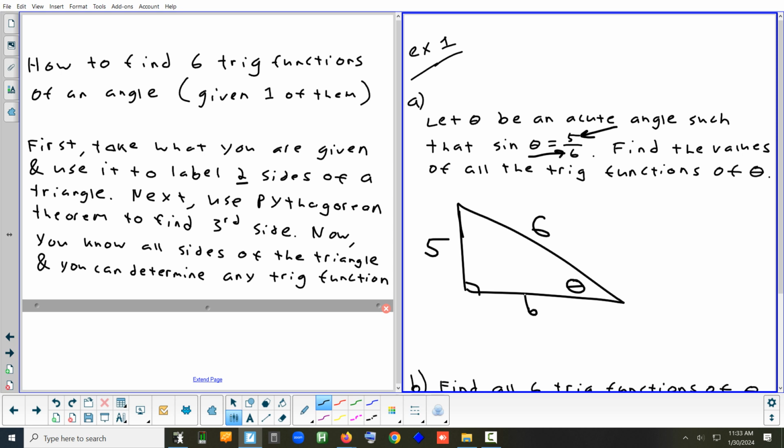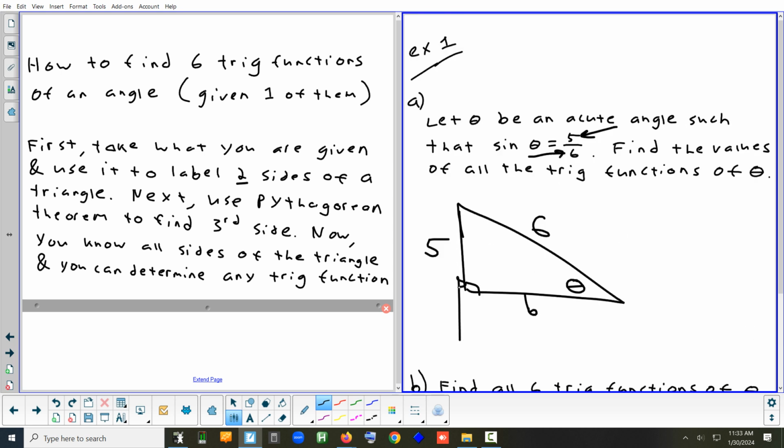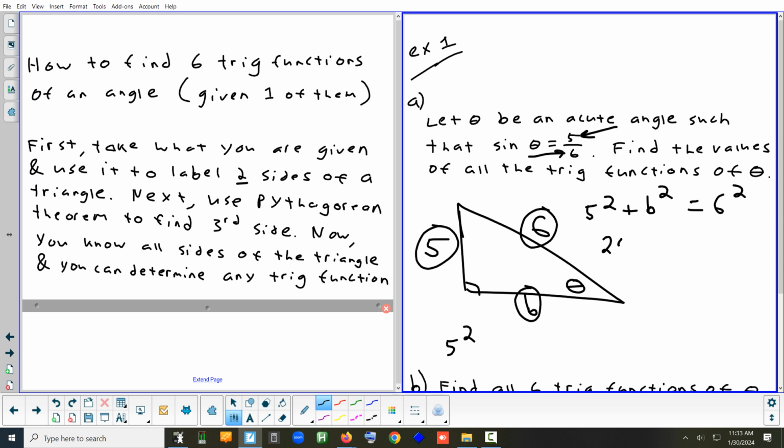And now let's solve for the bottom side. So we're going to have 5 squared plus b squared equals 6 squared. Actually, let me do it up here. So I filled in these 3 things into the Pythagorean theorem. Okay, what's 5 squared? 25. So 25. And b squared, we don't know. What's 6 squared? 36.